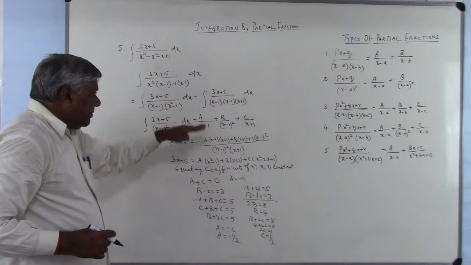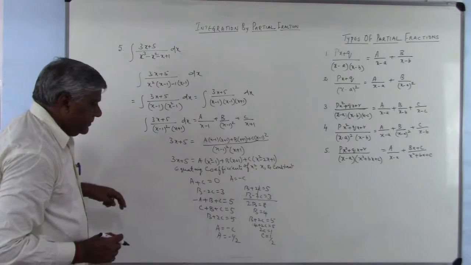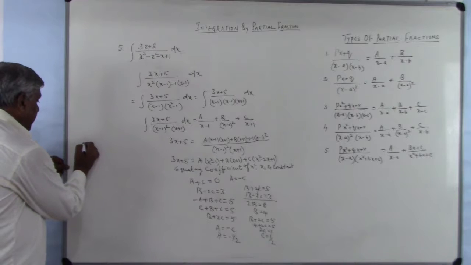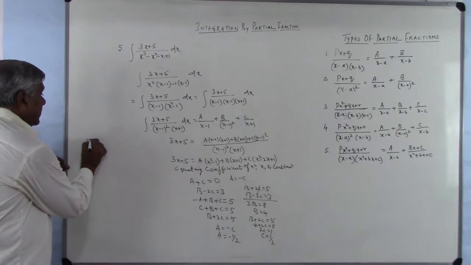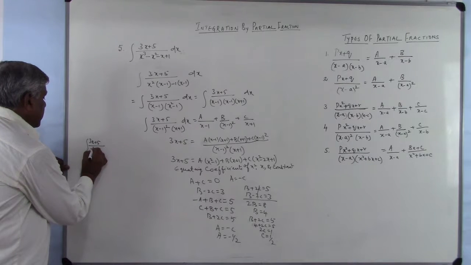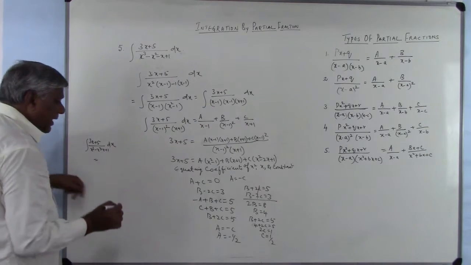Now, therefore, the problem becomes like this. Integral 3x plus 5 divided by x cube minus x square minus x plus 1 into dx becomes a is how much?